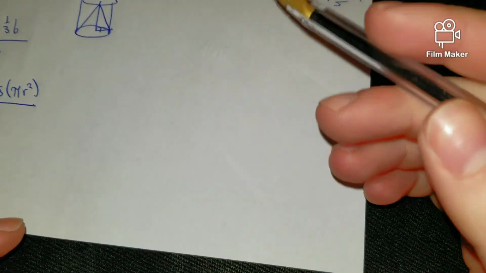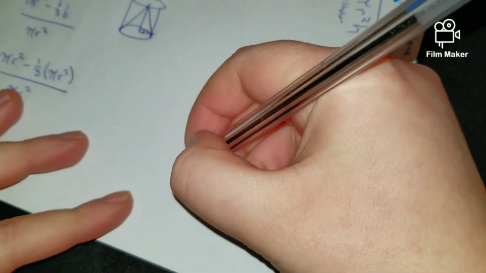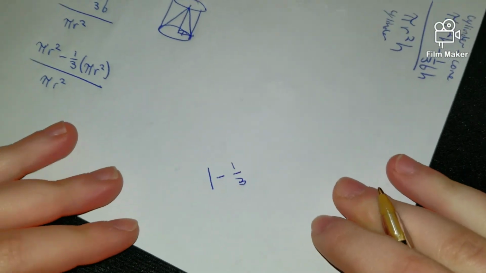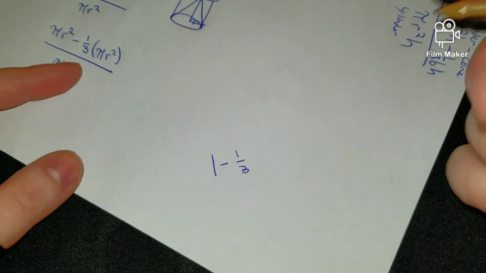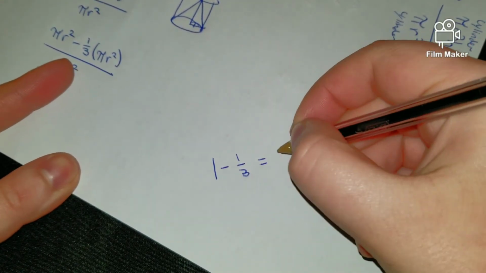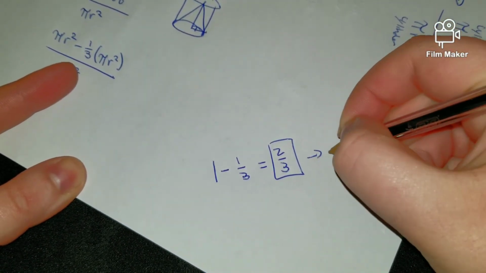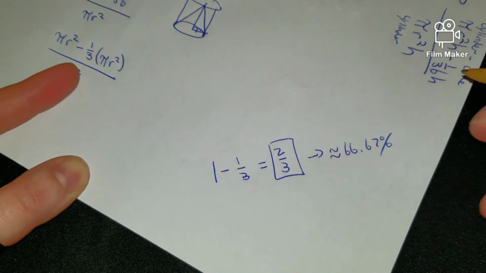Alright guys, so we've finally reached our end and we've been left with 1 minus 1/3. And so we can use subtraction, and we get that our answer will be a probability of 2/3, which is also roughly 66.67%.